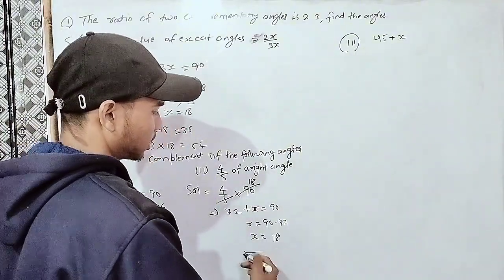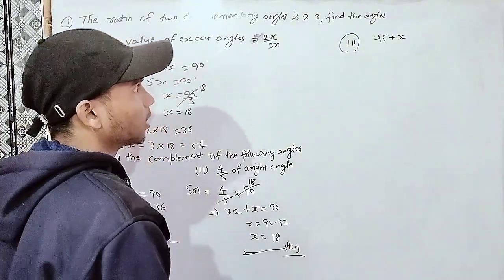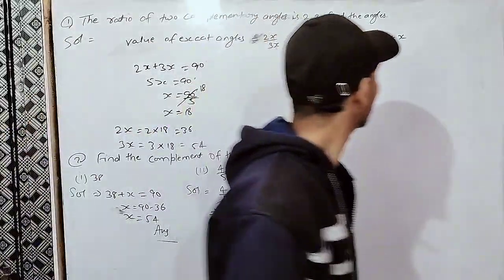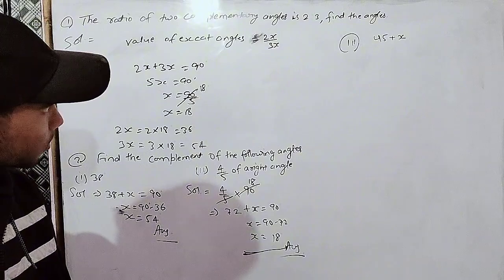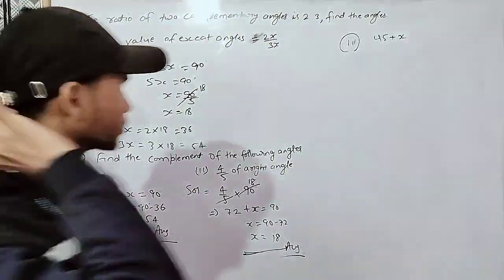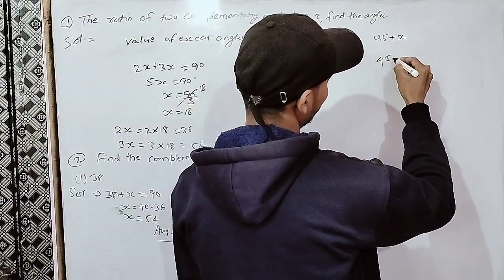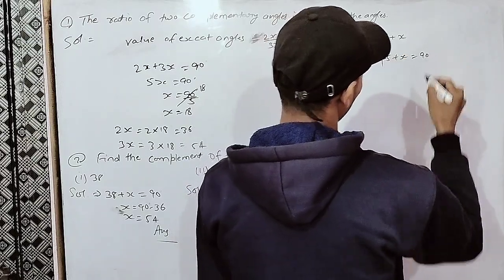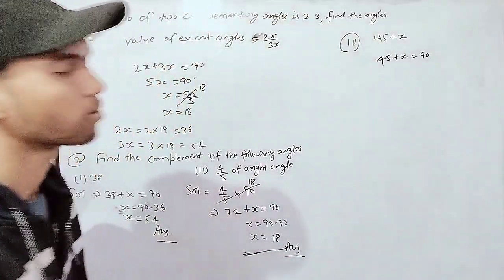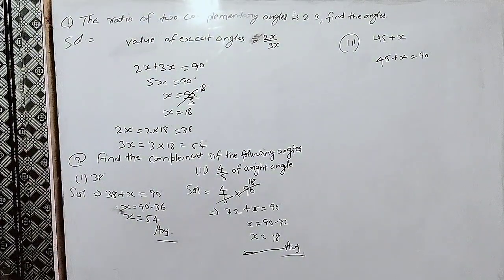Yeah, this is right. Then 45 plus x, 45 plus x, and then 90. Of course, 45.